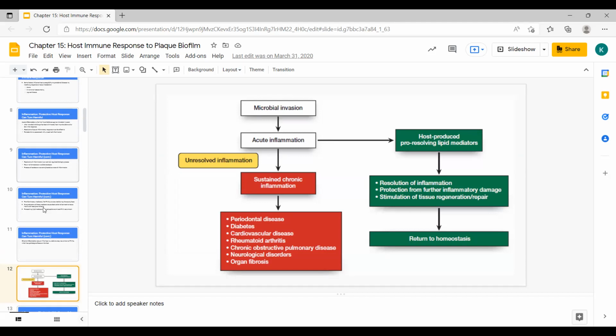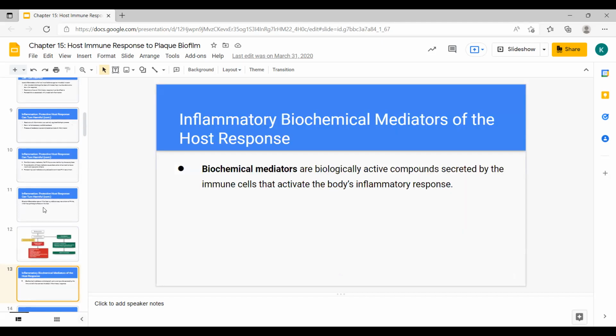But if we have that acute inflammation and we go straight down into the red and get sustained chronic inflammation because it's unresolved, then that's when our body's immune system cannot properly respond. So that's where we end up with things like periodontal disease, diabetes, cardiovascular disease, rheumatoid arthritis, COPD, neurological disorders, and organ fibrosis.